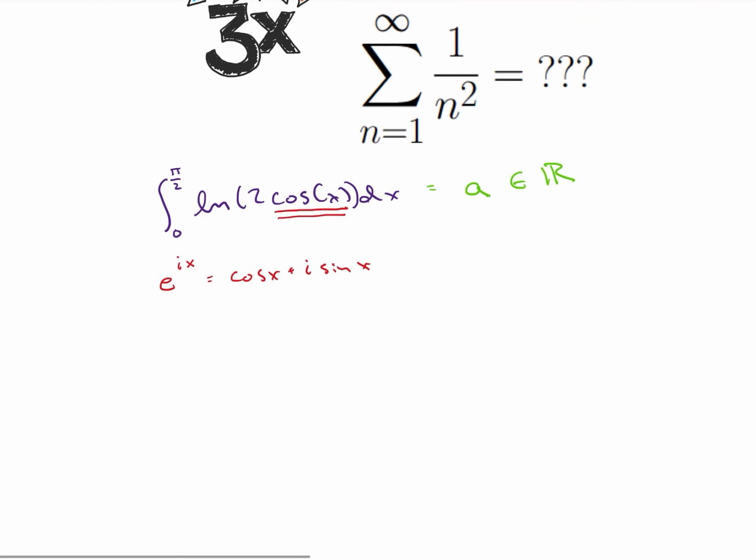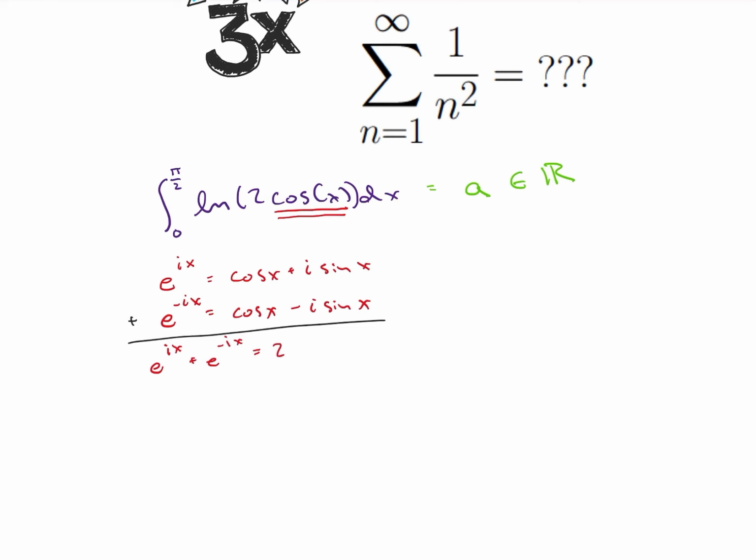If I wanted to rewrite this, I have e to the ix is cosine of x plus i sine of x, and e to the negative ix is cosine of x minus i sine of x. If I add those two together, I get e to the ix plus e to the negative ix is equal to 2 cosine of x, and the sines cancel each other out.